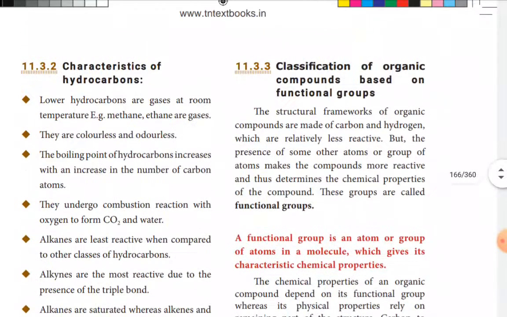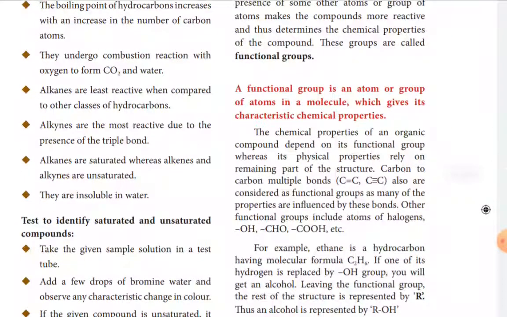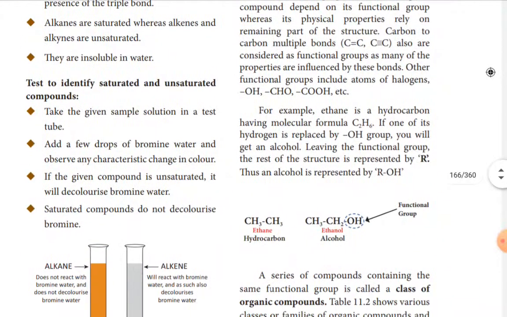Then what is a functional group? It is a group of atoms in a molecule which gives its characteristic chemical property. Some functional groups are given, for example OH, CHO, COOH.